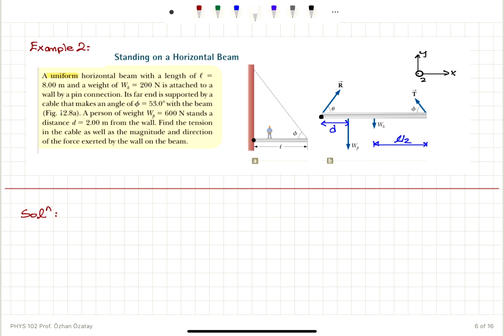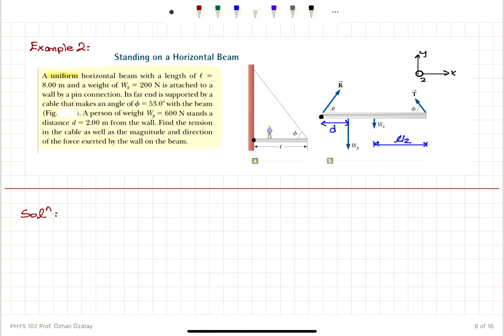So this figure is basically the figure at the right. And a person of weight 600 newtons stands a distance 2 meters from the wall. Find the tension in the cable as well as the magnitude and direction of the force exerted by the wall on the beam.